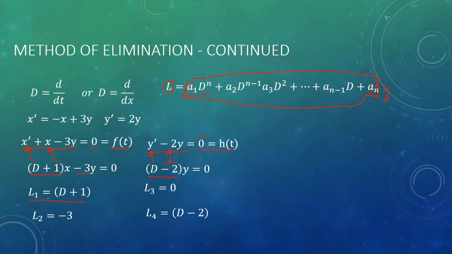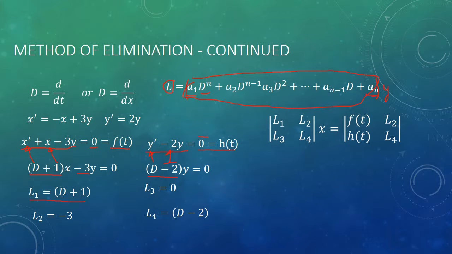And so what we're going to do is bring in the Wronskian idea. So the determinant of L1, L2, L3, L4, the determinant times x should be equal to the determinant of f of t, L2, h of t, L4.